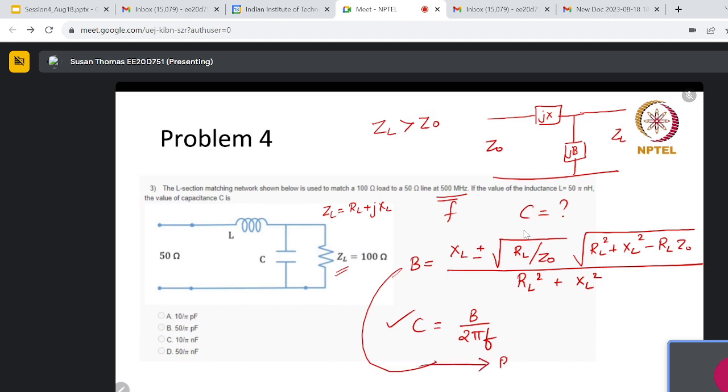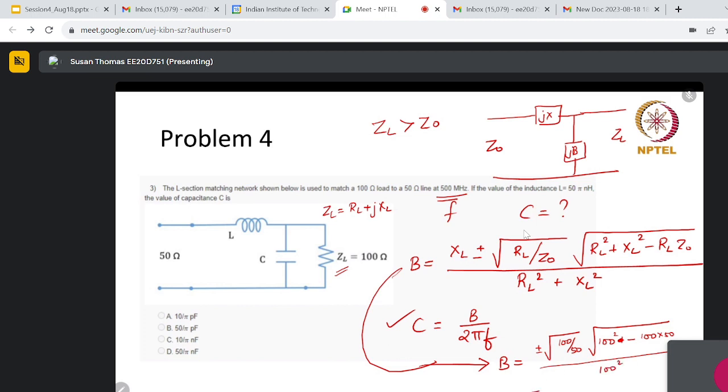So your expression for B reduces to plus or minus square root of 100 by 50 into the root of (100 squared minus 100 into 50) divided by RL squared, 100 squared.